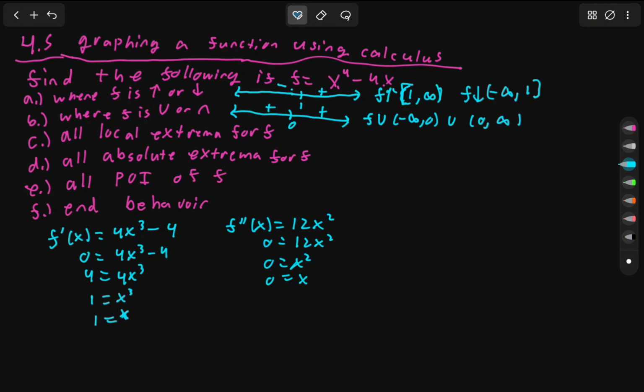Well, because f goes from decreasing to increasing at x is equal to 1, x is equal to 1 will be a minimum. So now we have to find the x-coordinate. So there's a min at 1 comma. Now we just have to find the y-coordinate, sorry. So we plug in 1 into our original function. 1 to the 4th is just 1, minus 4, so negative 3.